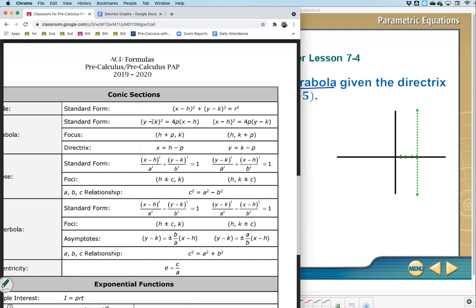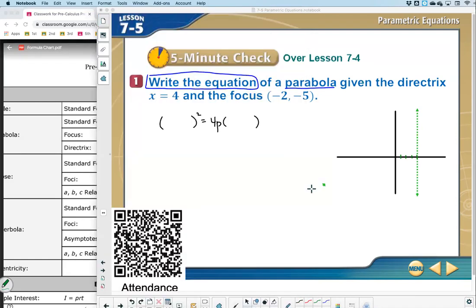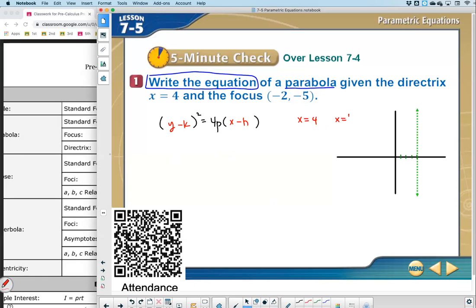So now I know where y minus k is located and the x minus h. Y minus k is located here and x minus h is located there. We also can establish that even though our problem said the directrix is x equals 4, the formula chart said that for the directrix, x would equal h minus p. I'm going to write that down here for a second.